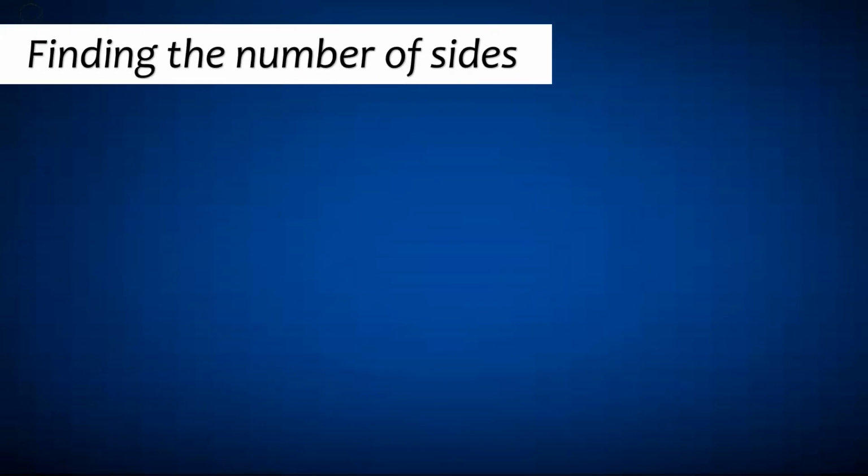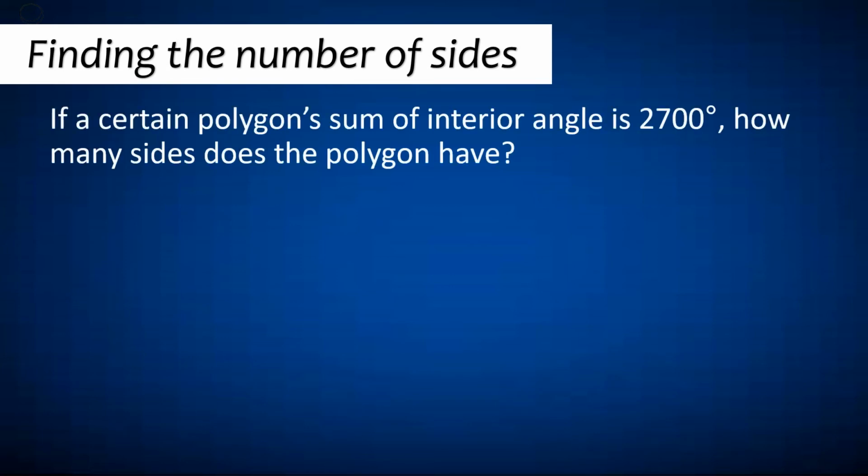So, paano naman kung ang hinahanap ay number of sides? Given na ang sum ng interior angle ay 2,700. So, ilang sides daw kaya meron yung polygon? So, by manipulating the formula, we will come up with n is equal to S over 180 plus 2. So, yung S, yun yung sum ng interior angles ng polygon na given. So, ang sum daw halimbawa is 2,700.